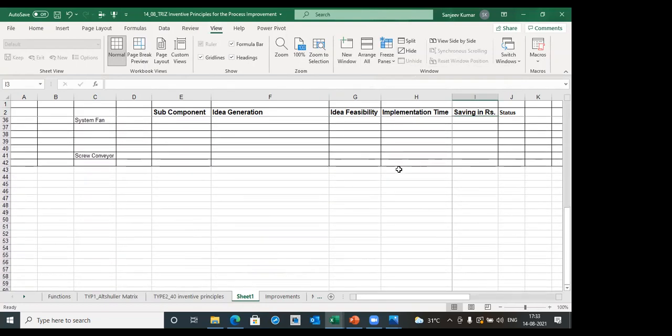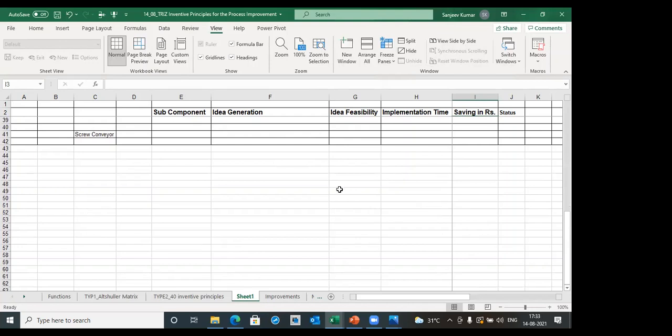So we were considering during idea generation and improvement initiatives that we will provide a weigh feeder from the product silo to the mill, and it will have a power of max 1.5 kilowatt.